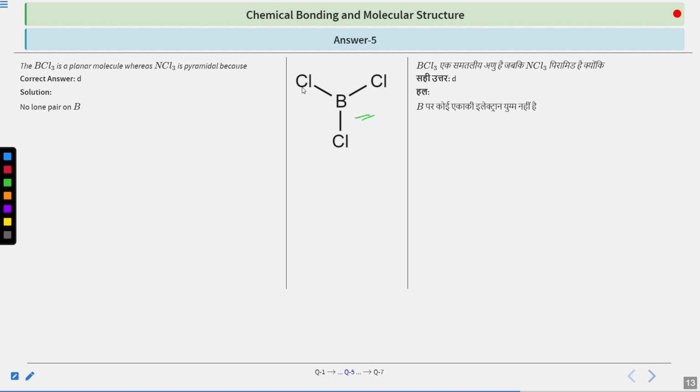Triangular planar, you can see it very clearly. On the other hand, there is one lone pair on nitrogen that will result in the pyramidal shape, which is this. Overall, it is tetrahedral, but since it is forming a pyramid, it is a pyramidal shape. Clear? Okay, moving on to the next question.